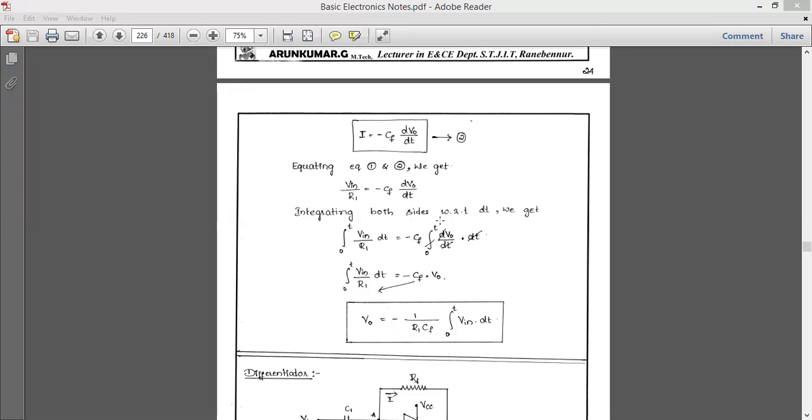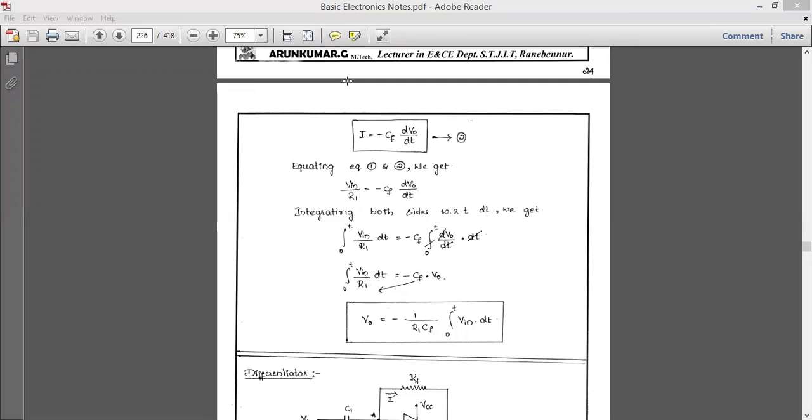This integration, if we apply to this d by dt, gets cancelled. So the only thing that remains is V naught. Therefore, the modified equation is the integration from 0 to t of Vin divided by R1 multiplied by dt is equal to minus Cf multiplied by V naught.